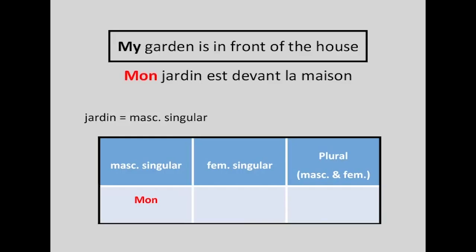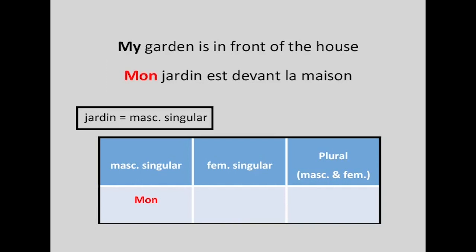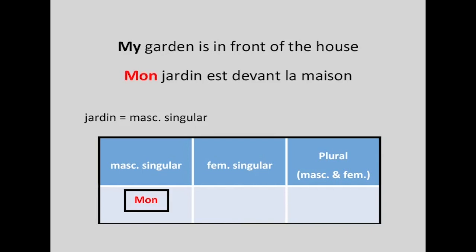The French equivalent of this sentence is Mon jardin est devant la maison. In French, jardin is a masculine singular noun. So the possessive adjective that precedes it must agree with its gender and number. Mon is the masculine singular form of the possessive adjective associated with the singular form of the first person.